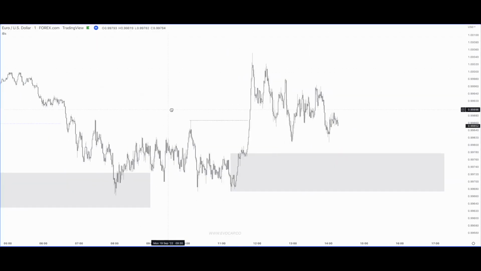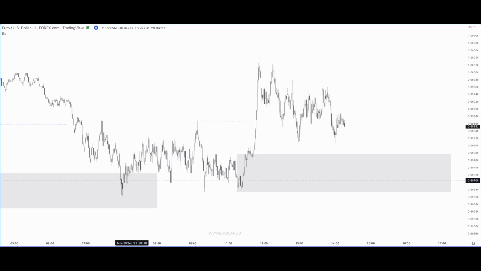So price initially mitigated this discount demand, kind of messed around for a little bit, right? Obviously building liquidity, swept liquidity, and then eventually we saw that pretty impulsive move higher, leading to that M15 bullish IBOS. So now we have this newly created fractal demand to work with.